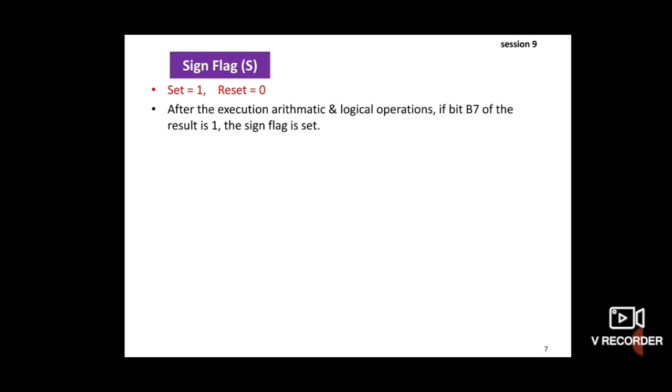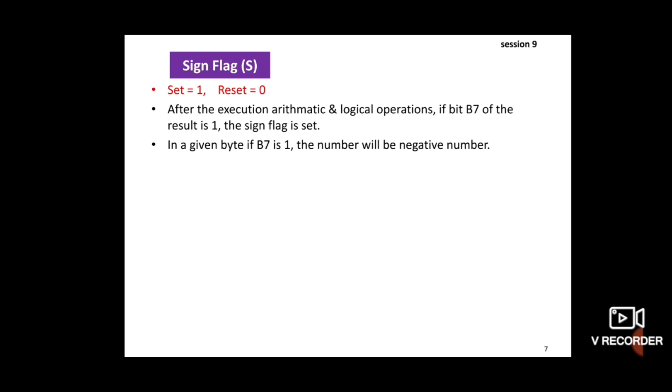After the execution of arithmetic and logical operations, if bit B7 of the result is 1, the sign flag is set. And in a given byte, if bit B7 is 1, the number will be negative.